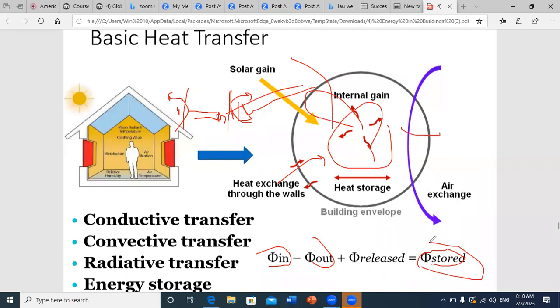So let's say during summer, I don't want to store energy in air because this will lead to increase of its temperature. I can store it in a phase change material or in a medium of high capacity because it will release it back to air when needed. Okay, but I don't want to store it in air. So I don't want to increase the temperature of air.